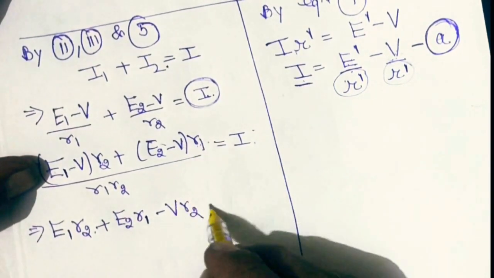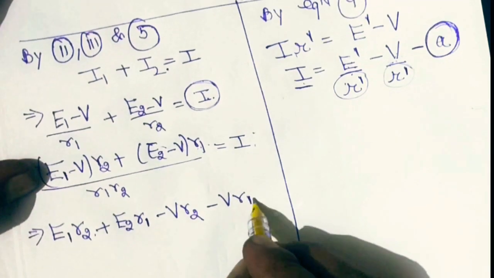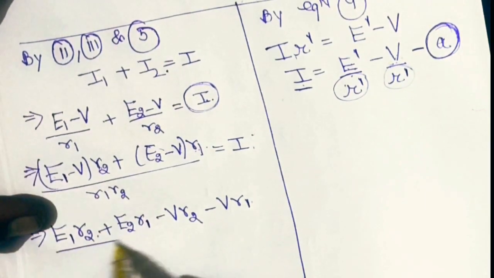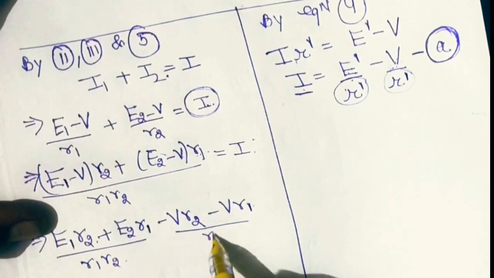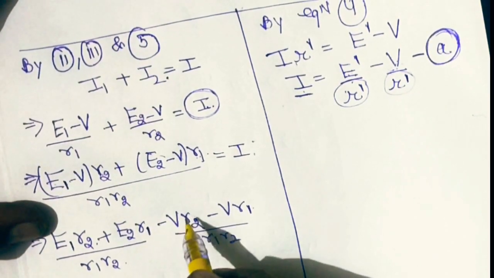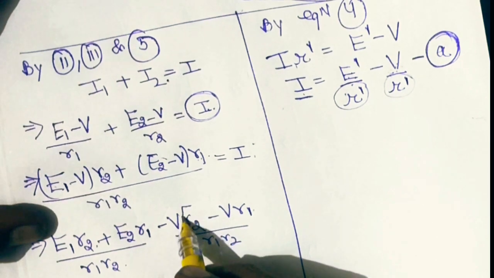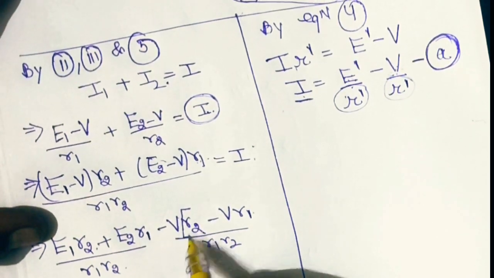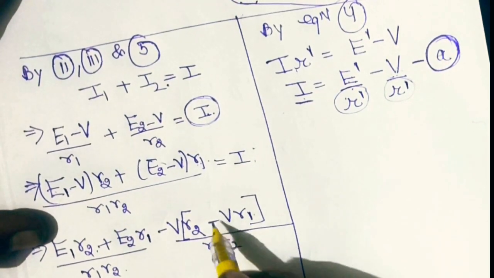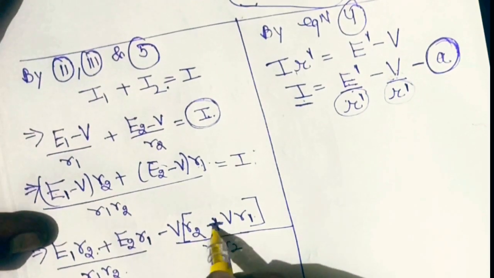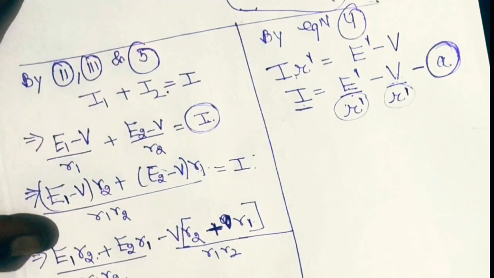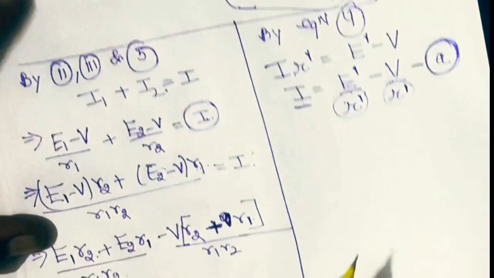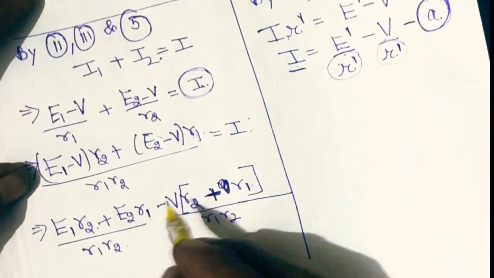And here? Minus V R1. R1 R2 is dividing both these terms. I can take the minus sign as common and V as common, but let's do one thing at a time. Now the equation becomes like this, and this value is equal to I.